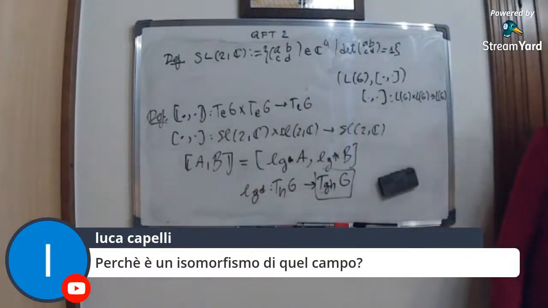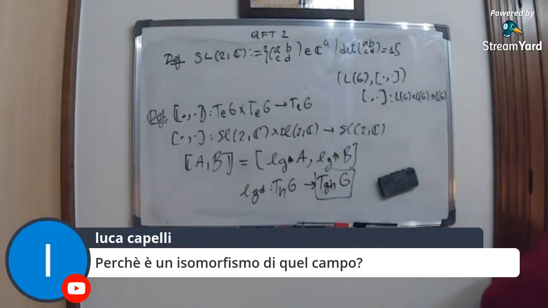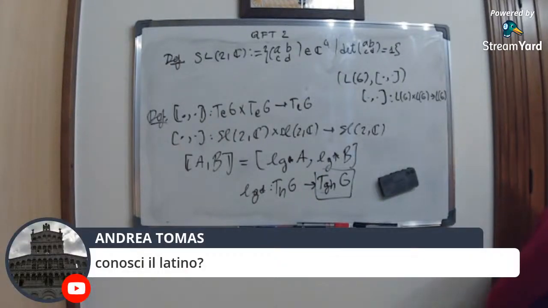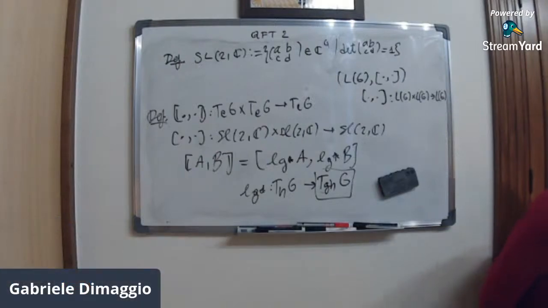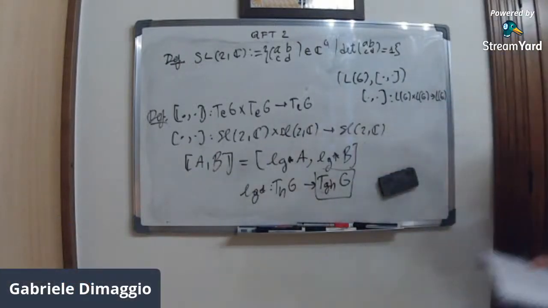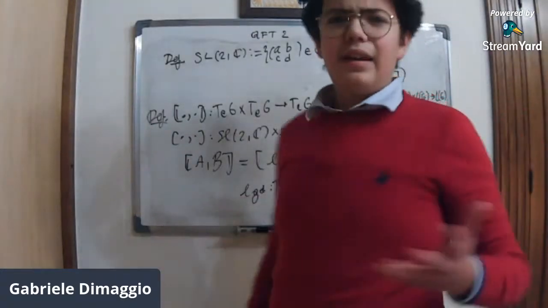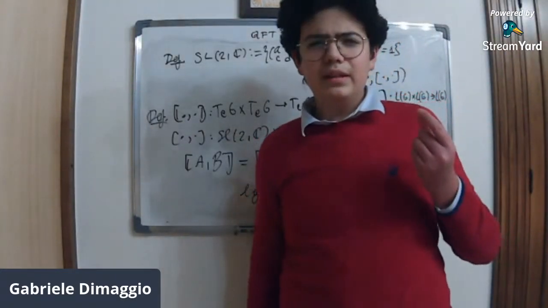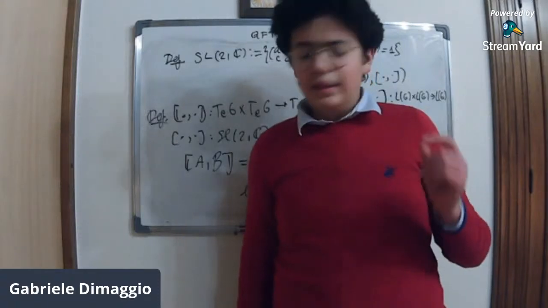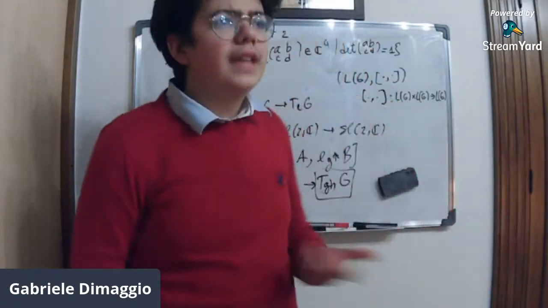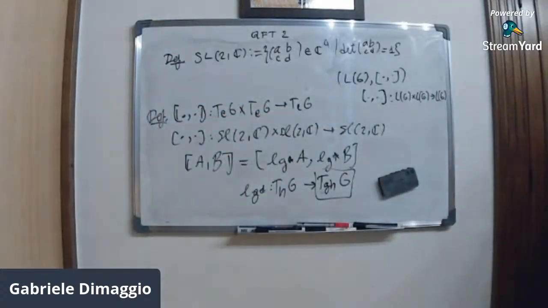There is an isomorphism. Until second declination. I think the term in Italian, in English, is declination. I think. I don't know. Second declination.